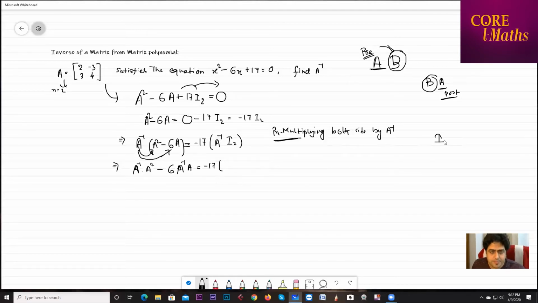So here A inverse into I2 will be nothing but A inverse. Clear?